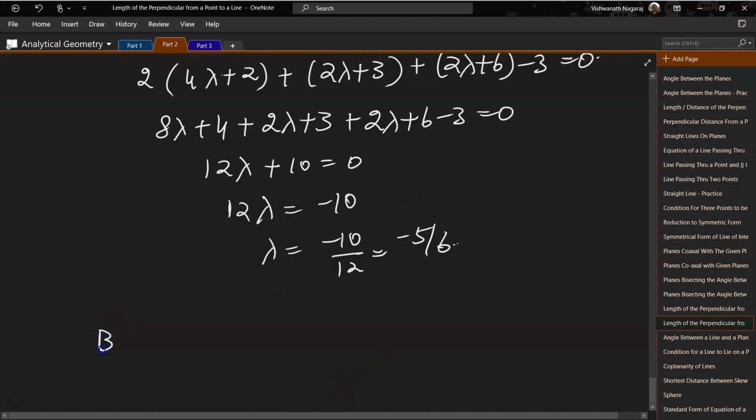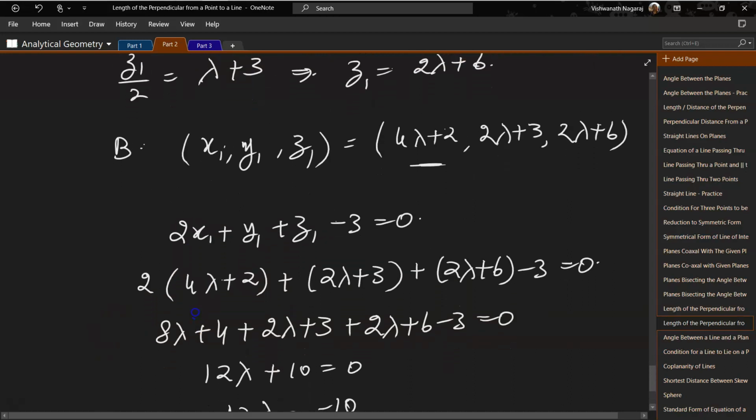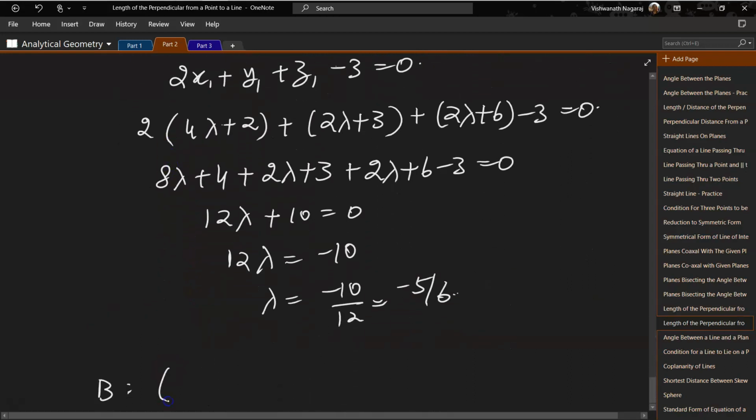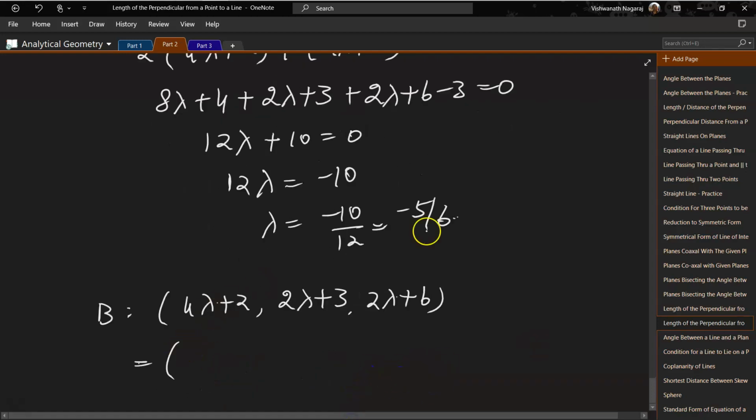Okay, so now what will be the coordinates of B? Coordinates of B would be (4 lambda plus 2, 2 lambda plus 3, 2 lambda plus 6), which is 4 times minus 5 by 6, so minus 20 by 6 plus 2, minus 10 by 6 plus 3, minus 10 by 6 plus 6.